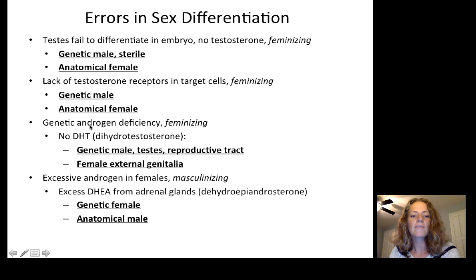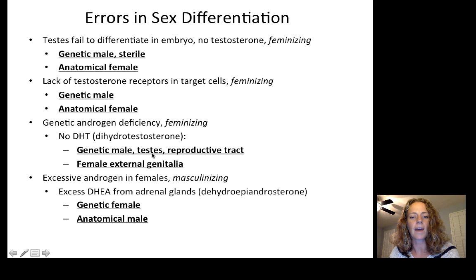You can also have a genetic androgen deficiency. This is also feminizing. If you don't have enough DHT for genetic reasons, that is the one that produces the male external genitalia, then internally this individual will look male.